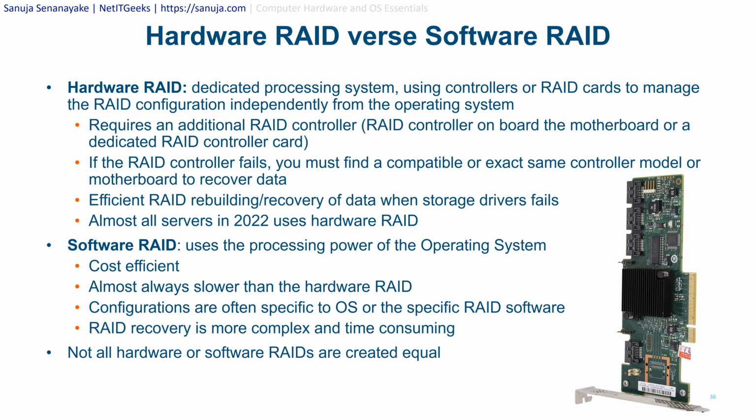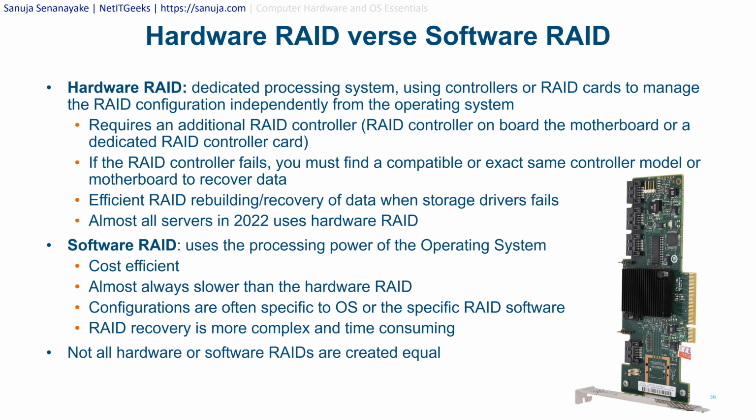Some motherboards have the RAID controller already built in, so you don't need a dedicated card. But either way, you require that additional RAID controller. So it's a hardware controller. It could be a chip already built into your motherboard, or it could be a separate dedicated RAID controller card.